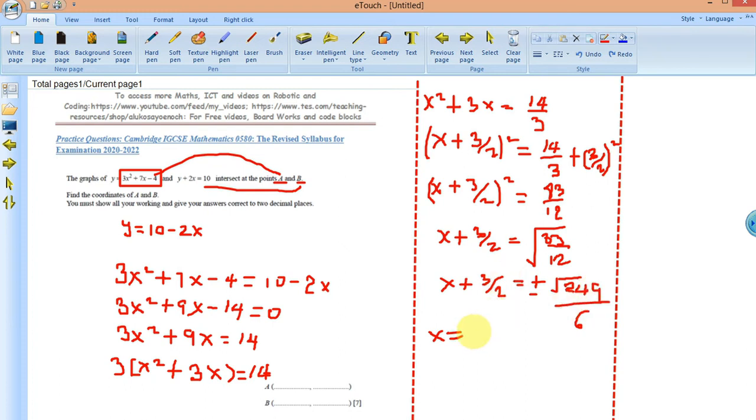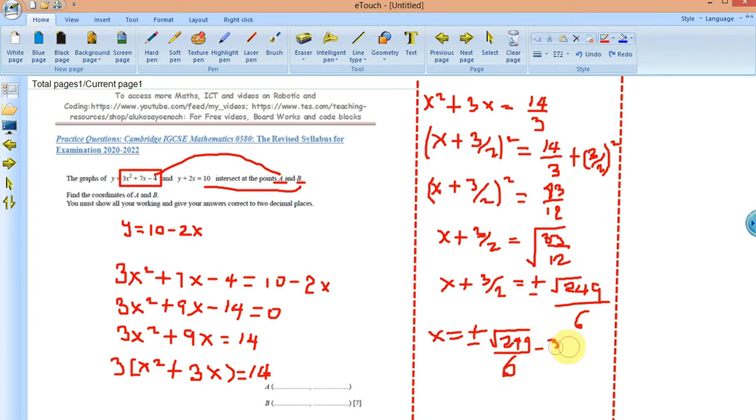Okay, let me just write this form, in order to manage my board, guys. So root 249 over 6, this is plus here, so it's going to turn minus here, minus 3 over 2.